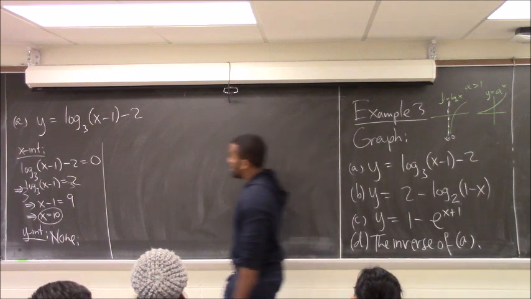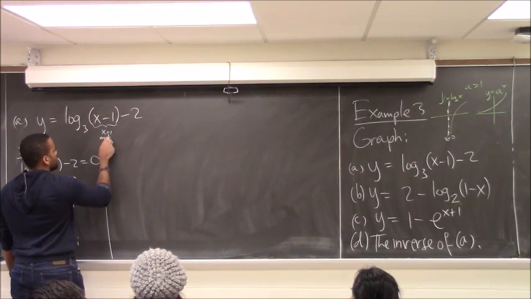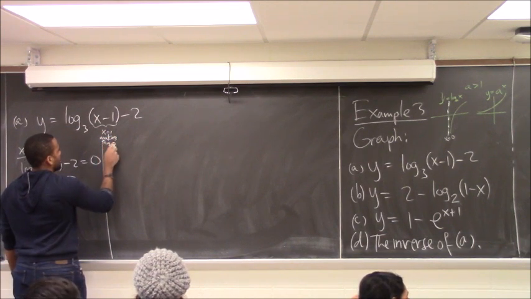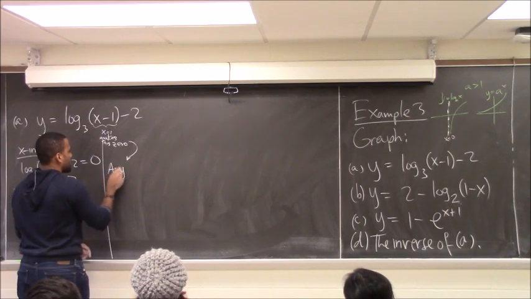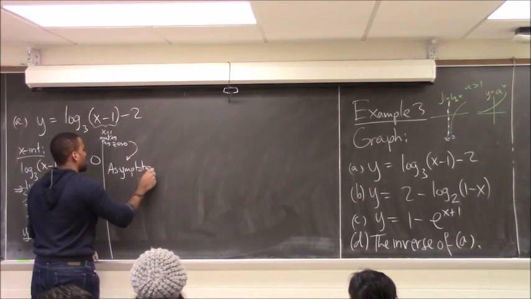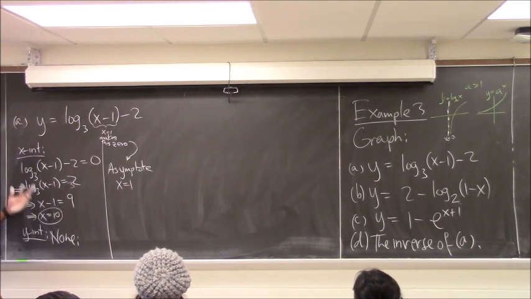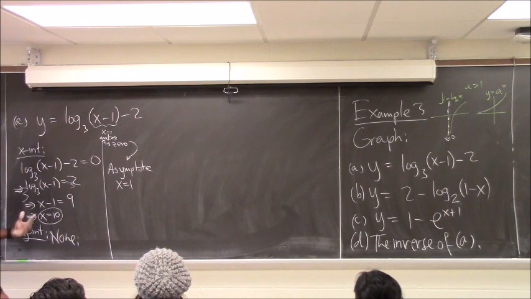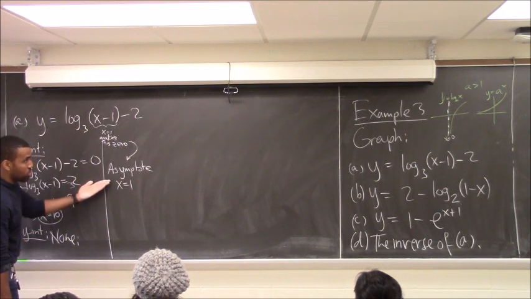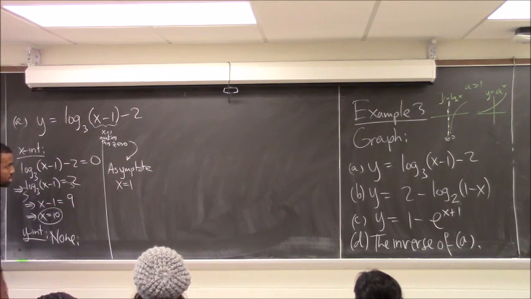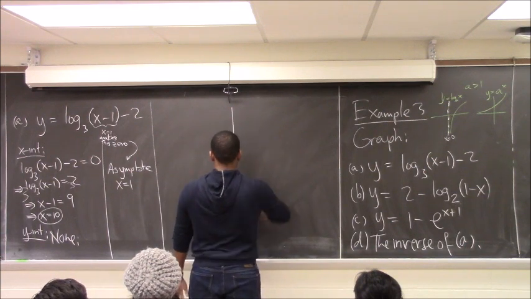Notice here that x equals 1 makes this 0. What that tells you is this is the asymptote. So we have these convenient points. I couldn't get 2 of them, so I want to know something else about this graph. And a good thing to know would be where the asymptotes are. Is there a line that I cannot touch? Turns out that x equals 1 is that line.